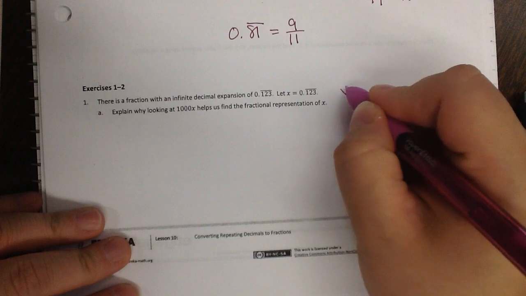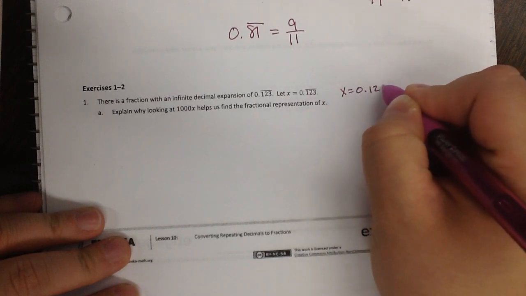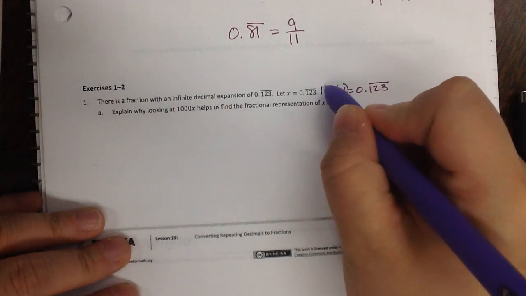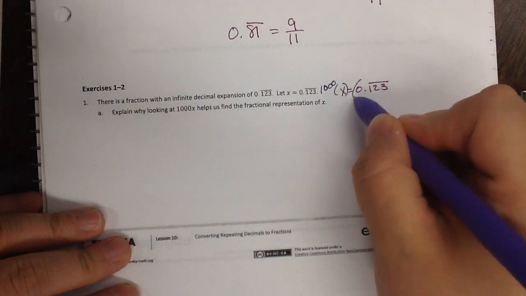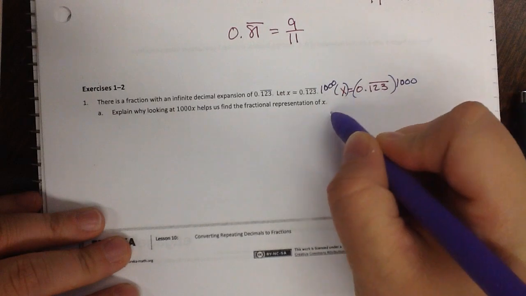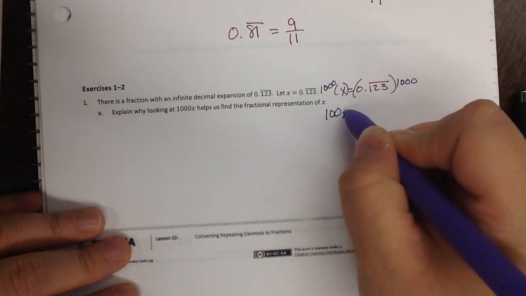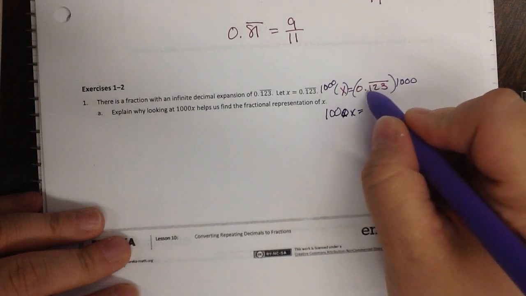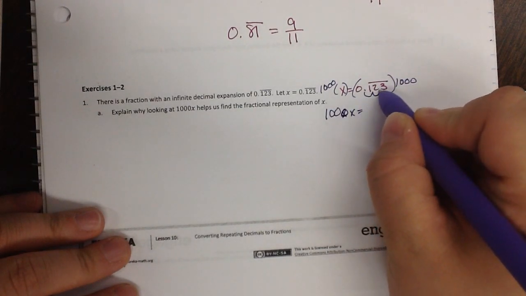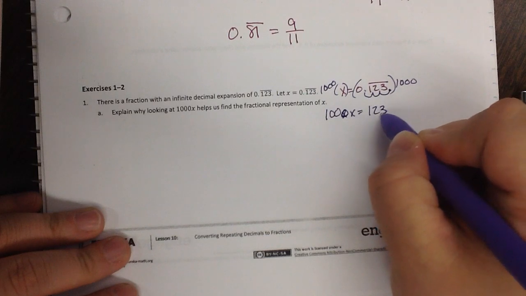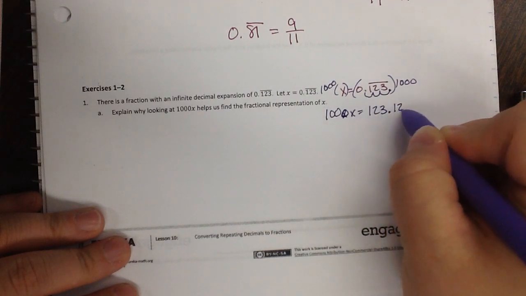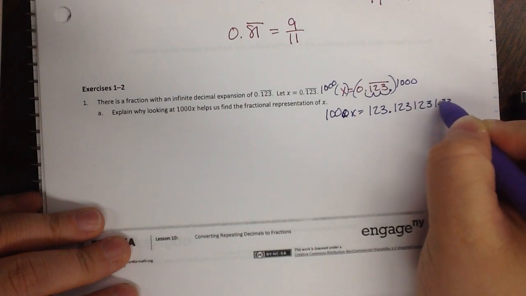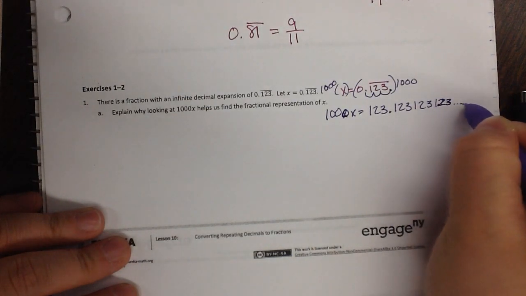So if we do 1000x, we'll write this out. x equals 0.123 repeated. If I multiply both sides by 1000, I get 1000x equals, and I move this decimal over 1, 2, 3 places, 123.123 repeated.